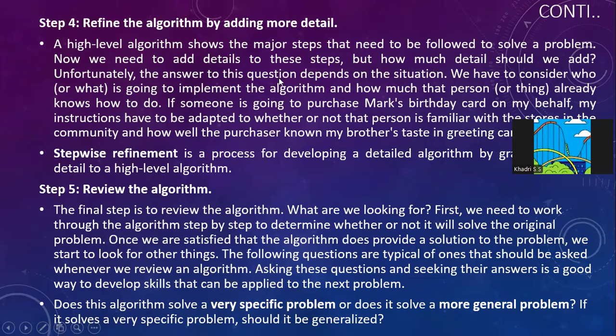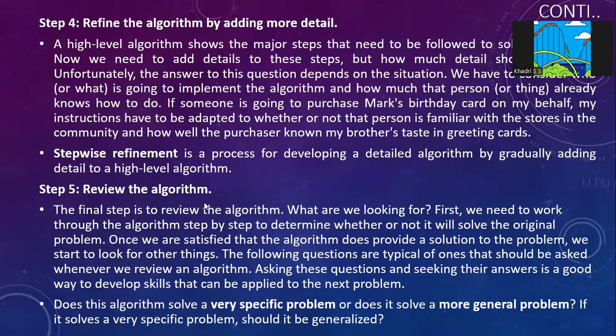Unfortunately, the answer to this question depends on the situation. Of course, without knowing the situation, we can't judge the algorithm. Which store should he buy from? Should the store be nearest or far away? And to visit that store, whether he needs to take the bus, or ride, or take some personal vehicle. These questions depend upon the situation, right? So that is called refining the algorithm by adding more details.